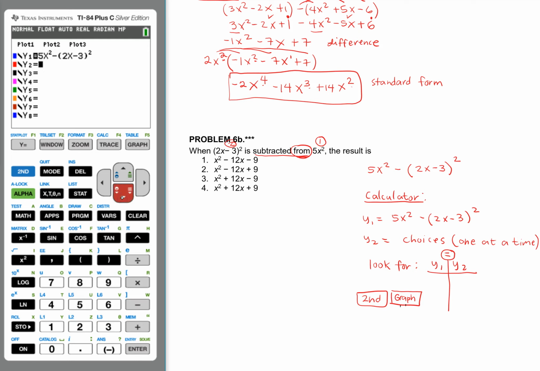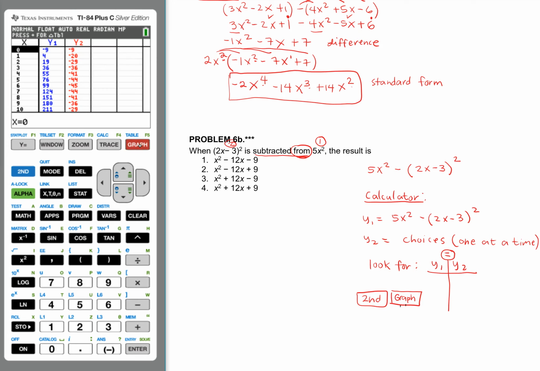Okay, let's enter the first option: x squared minus 12x minus 9. Press second graph. Look at y1 and y2. For negative 9, the first ones are the same, but for negative 20, that's different. So I would say option number 1 is not the equivalent expression.